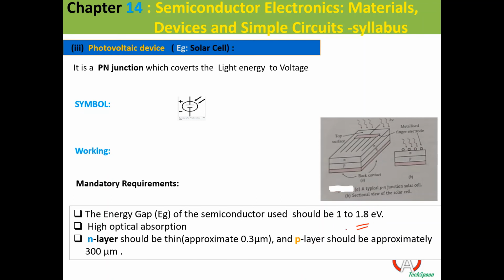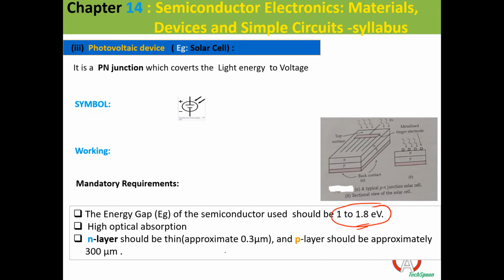The energy gap between the conduction band and the valence band should be within this range. Then only we can produce a certain amount of voltage from this solar cell. So that is the first condition. The second condition is the doping concentration.